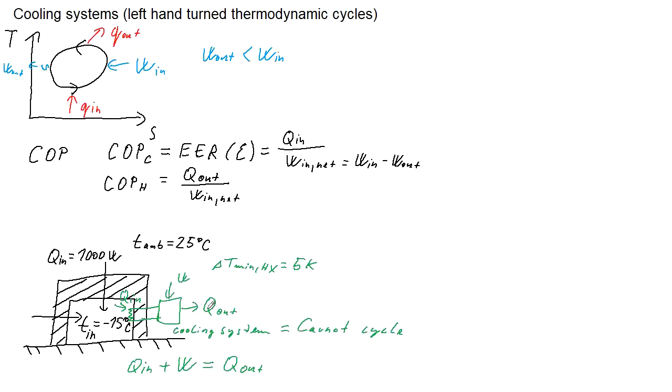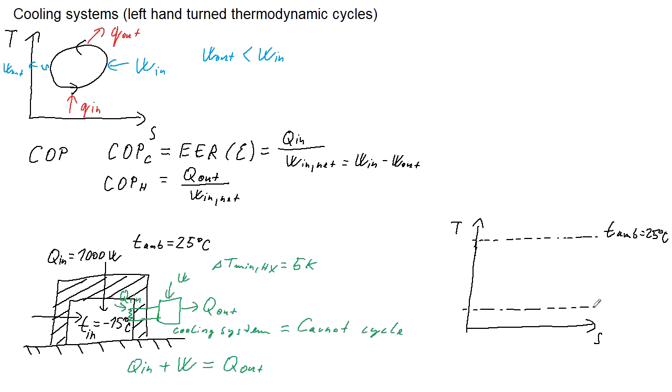What goes in has to go out. And now for the Carnot cycle, let's draw it in the TS diagram. And let's include also the temperature of the ambient, and the temperature inside the cooling box, which is minus 15 degrees C.